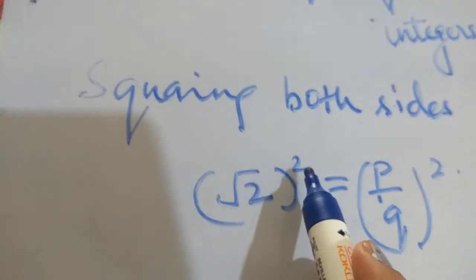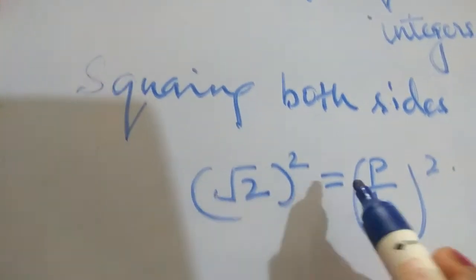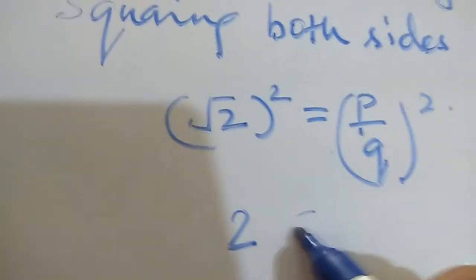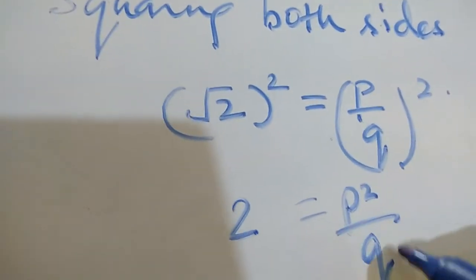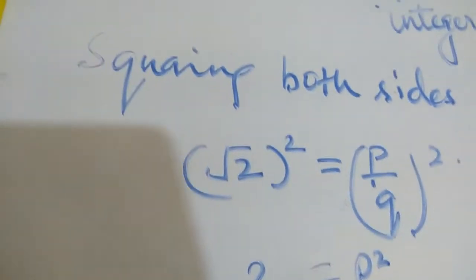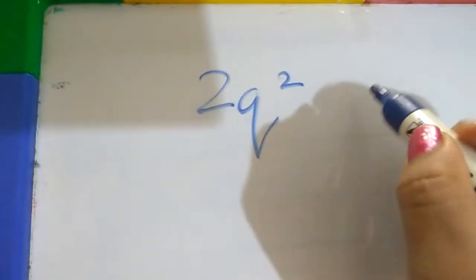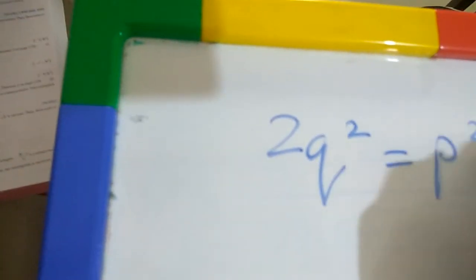Square root and square are inverse functions, so they will cancel out and we will get 2 here. 2 equals p squared upon q squared. Then we will take q squared to the other side and we get 2q squared equal to p squared.